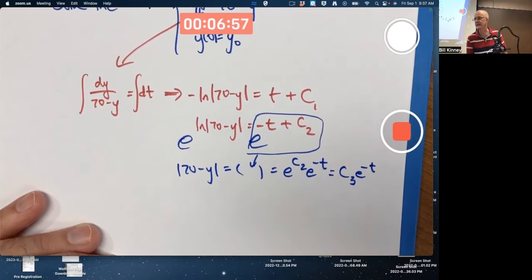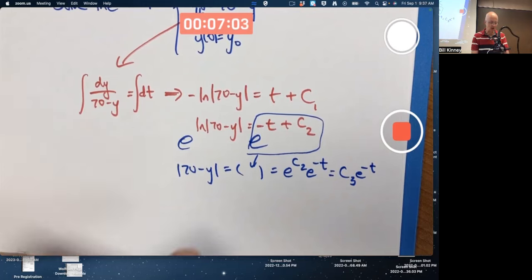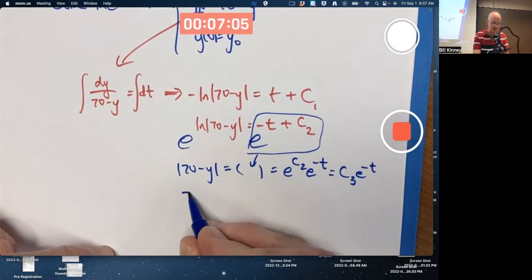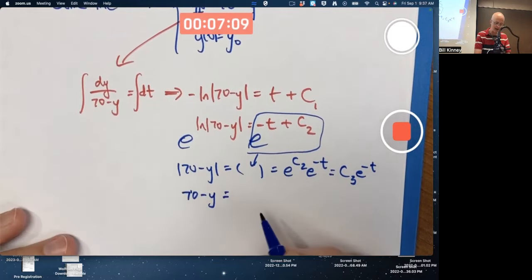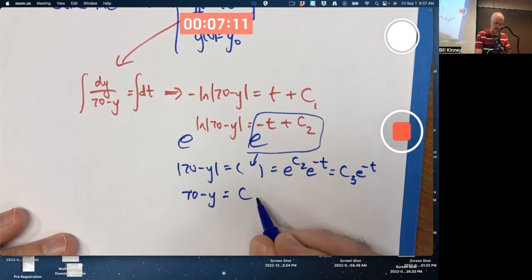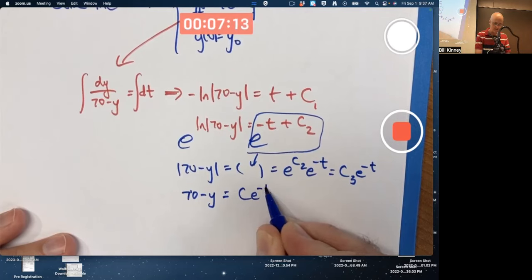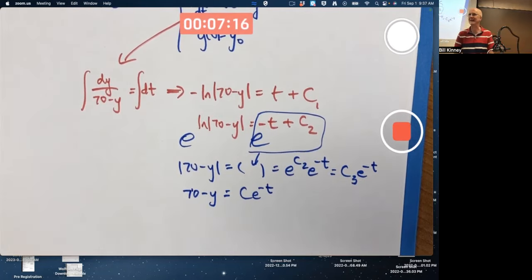Or just a plain old C if you want. Being sloppy. And okay, now we'll go ahead and get rid of the absolute value signs. And we sort of pseudo-justify that by saying C3 becomes just, say, a plain C. So C is plus or minus C3 or something like that, or C3 is the absolute value of C.